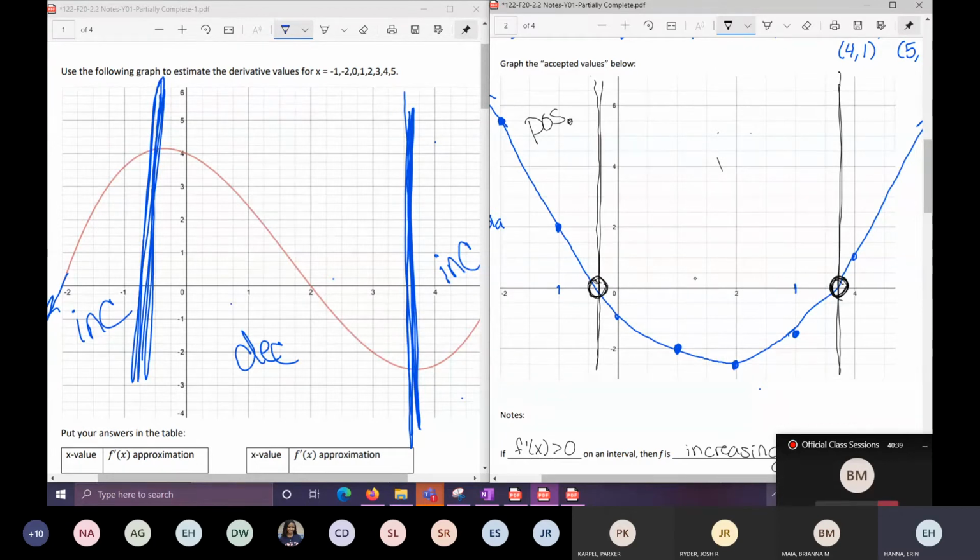We would consider that piece to be negative. And the last piece is purely above the x-axis, so we would consider this to be positive. That's what I mean by that relationship that we just wrote down. When the original function is increasing, the derivative is positive. And when it's decreasing, it's negative, and so on and so forth.